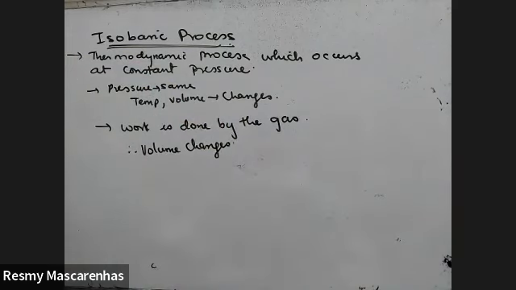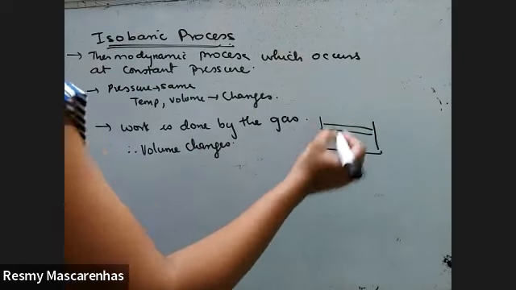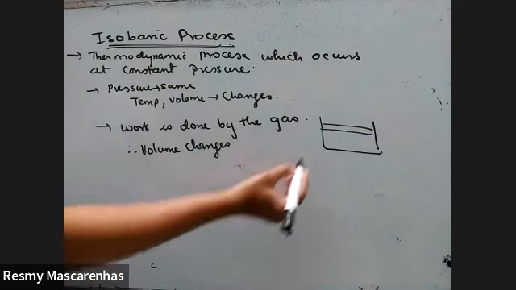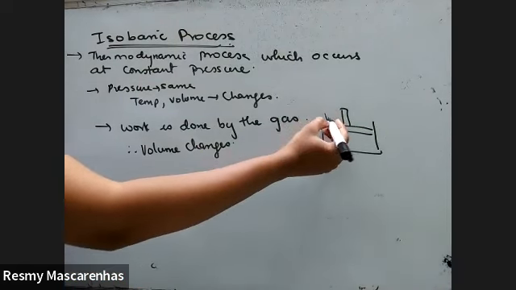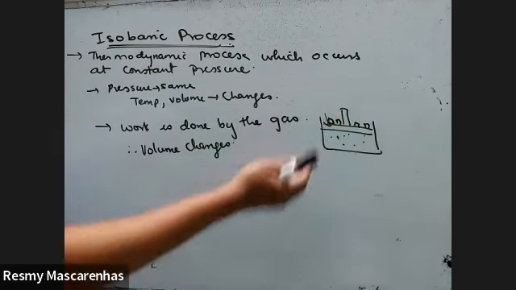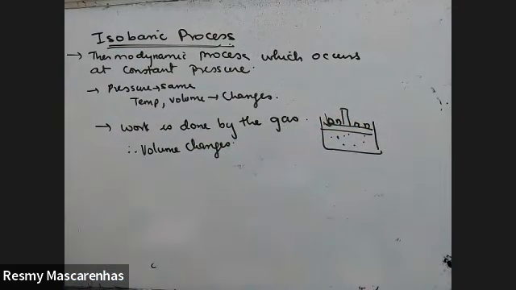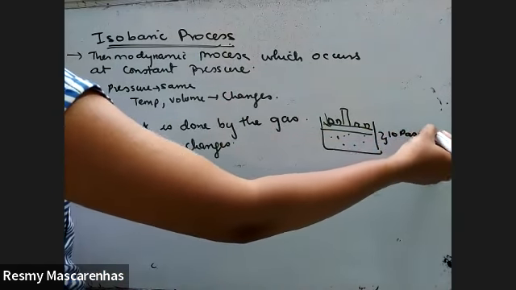Consider this situation. Consider there was some weight put on the piston, and the gas was kept under it. The piston is still movable, it's not fixed. Now suppose this gas is kept under 10 pascals pressure.